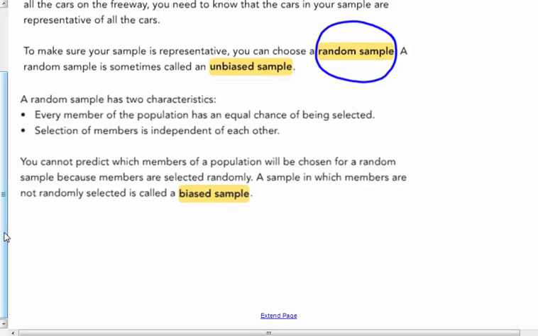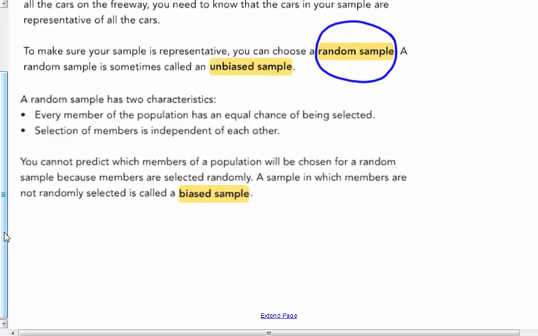Every member of the population, the group that you want to study, has an equal chance of being selected. So, any person in New York State that tries the lottery has a chance of getting their ticket to win. That's the population. People going in and buying a lottery ticket. It's random. Any person could win.